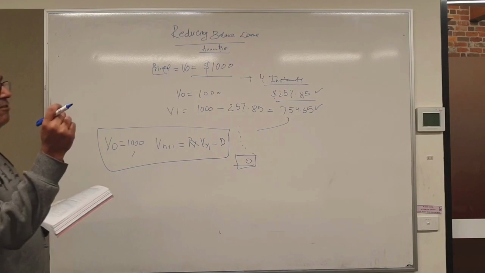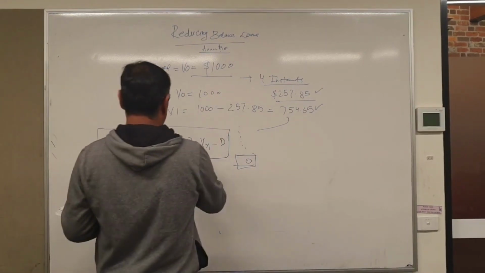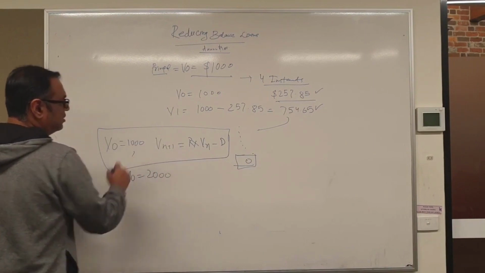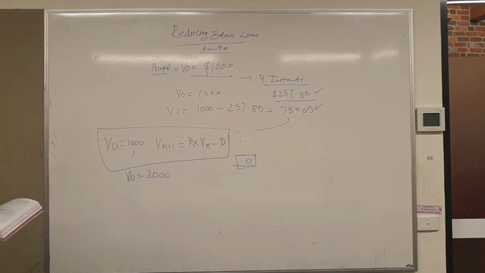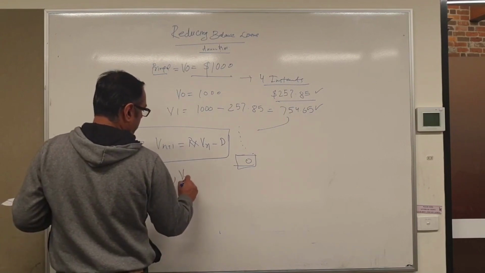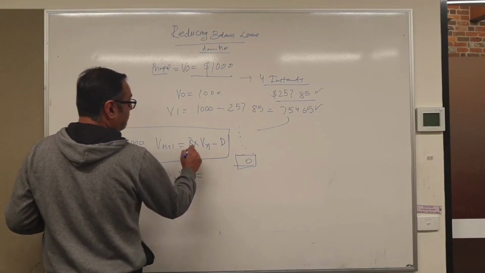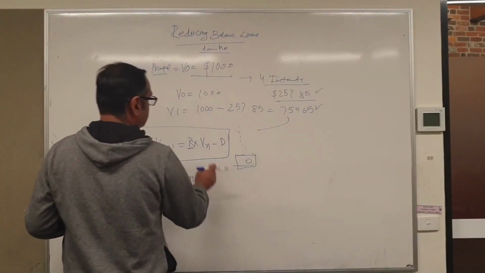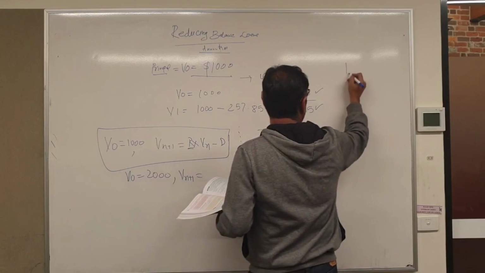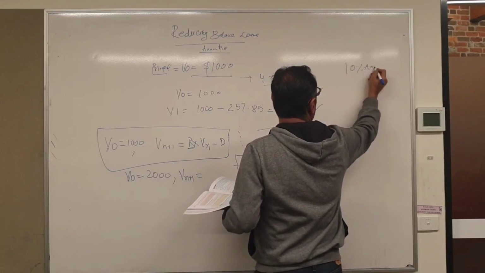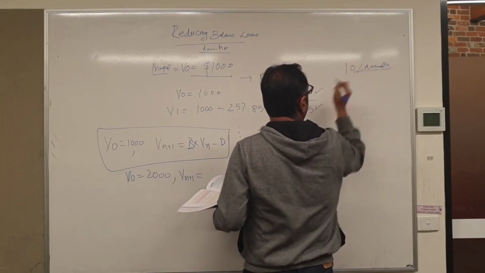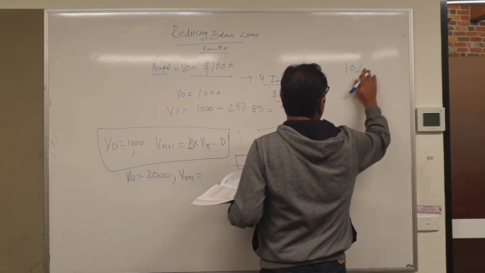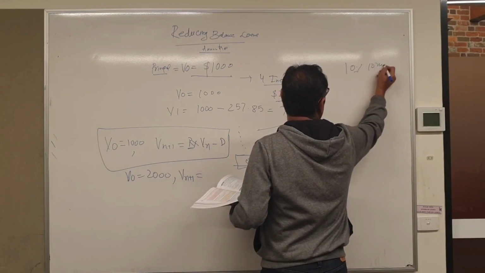In the case of iPhone, that would have become V0 equals $2,000, and my Vn plus 1 is, we calculated the rate to be 10%, but that was 10% in 10 months basically.